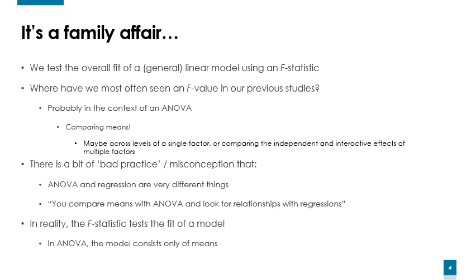And it just so happens that when we run an ANOVA, the model is only composed of means. So the ANOVA is just a special case of the general linear model. And the F statistic that is associated with an ANOVA is still ultimately the test of the fit of the linear model.